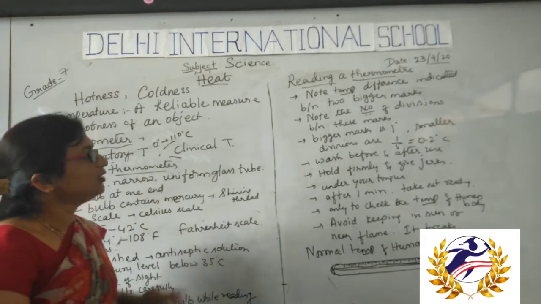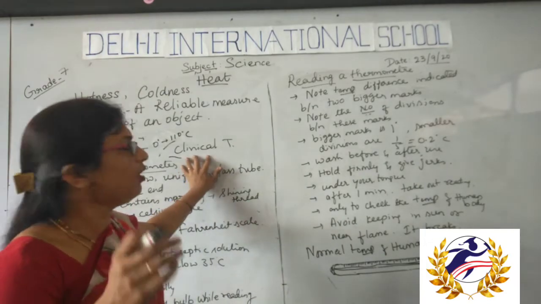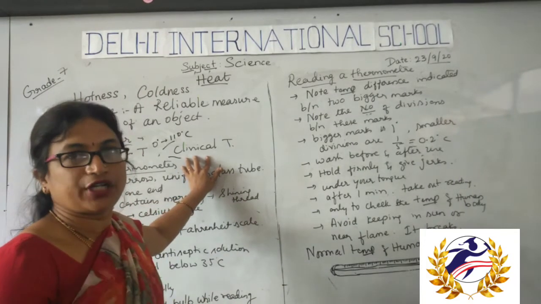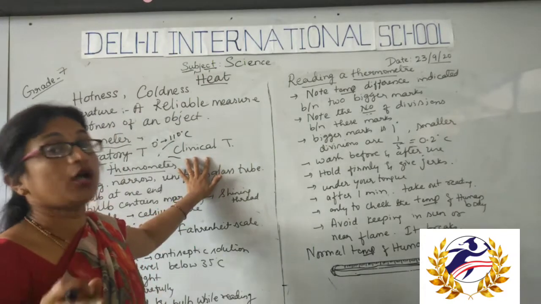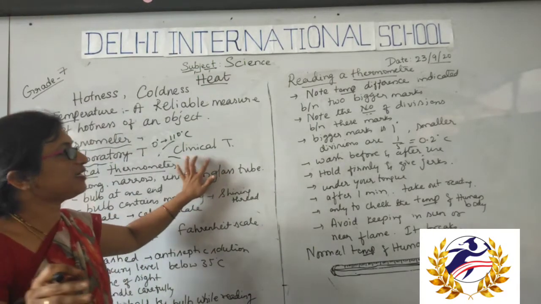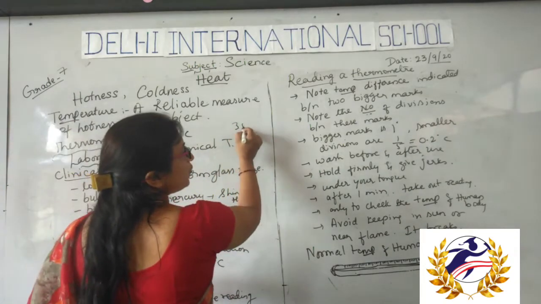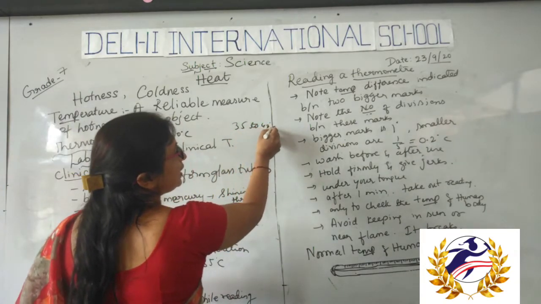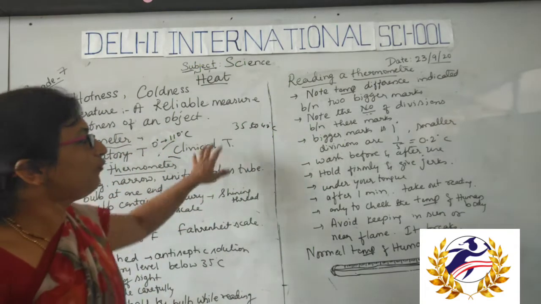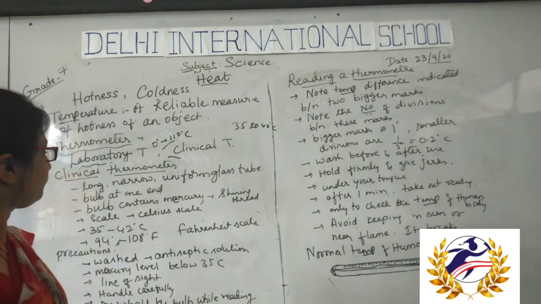It should not go beyond 42 degrees centigrade. That's why the clinical thermometer has a measurement of 35 to 42 degrees Celsius.